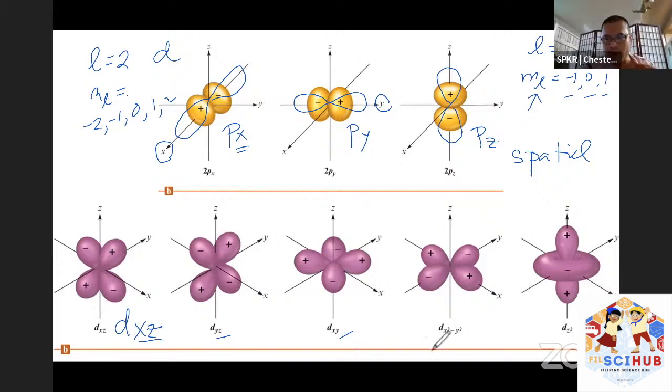Ito medyo komplikado ito. dx squared minus y squared. So the lobes are actually lying directly on the axis, on the x and y axis. So parang kung titignan mo yung picture, parang binarbecue, okay?